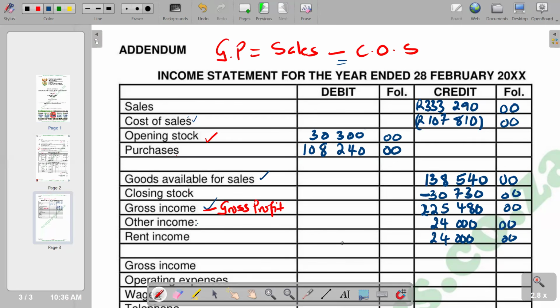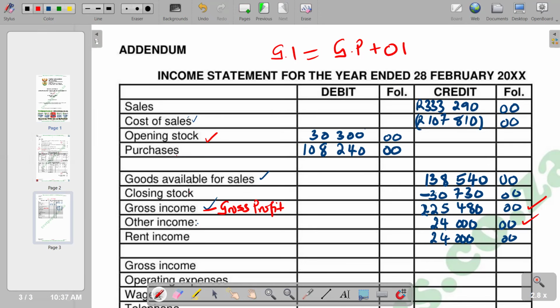So to get our gross income, we are saying our gross profit plus other income. Gross income is equals to gross profit plus other income. So we are saying 225,480 plus 24,000, and then we have our gross income. So we can try to add that.